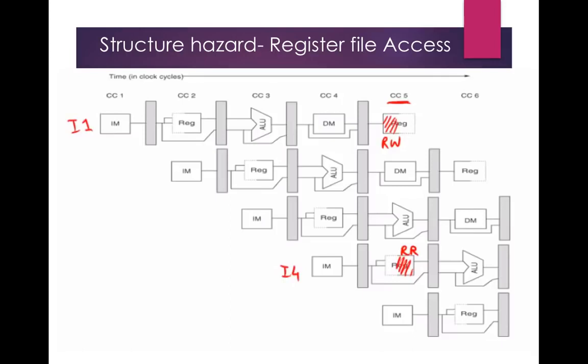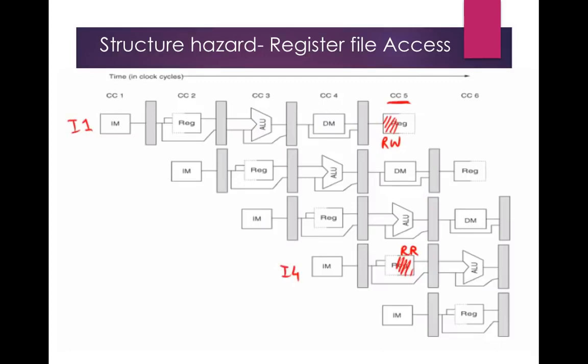What it actually means is, the register read will take place at the right part, and the register write will take place at the first part. So this is how we have divided the register into two parts to show register read and write.